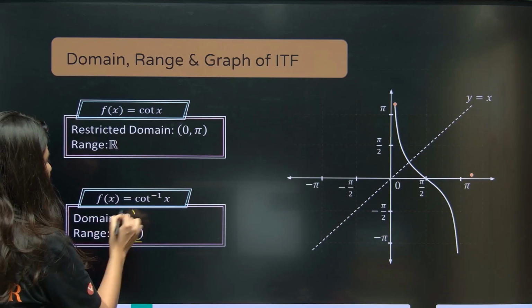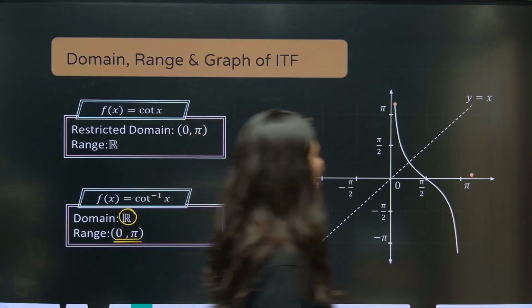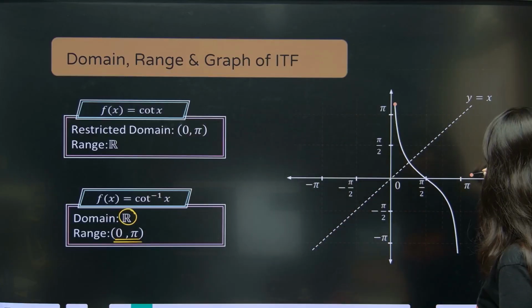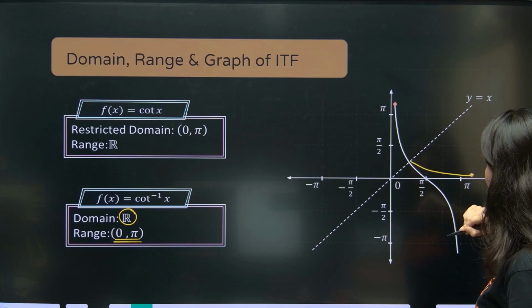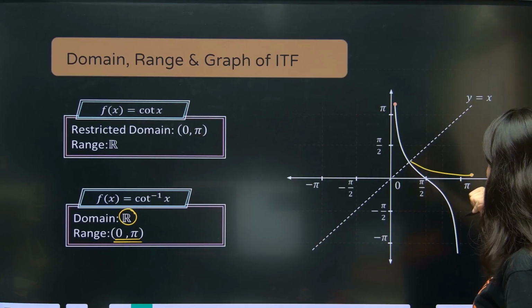Second quadrant, the range is the same for cot inverse, and the domain is all real values. This is the y equals x line. So now your graph will look like this.